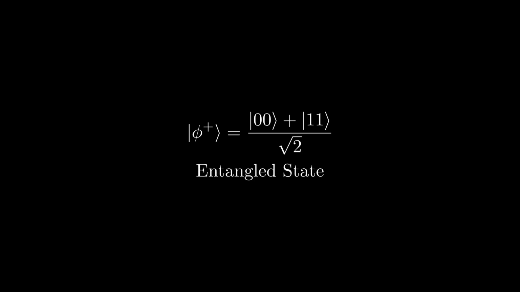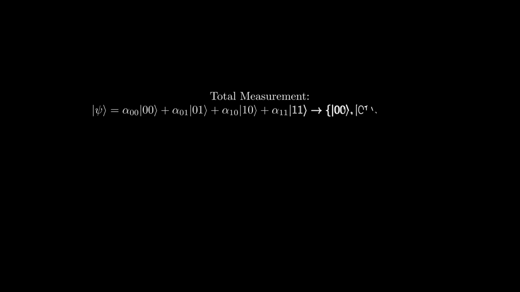To understand what this means intuitively, we need to extend the notion of measurement to multiple qubits. Just as in the single qubit case, we can measure all the qubits with respect to the standard basis to get a finite set of outcomes. In particular, if we measure two qubits, we can get one of four basis states, where the probability of getting each is simply the absolute value of its coefficient squared in the basis expansion of the two qubit state.